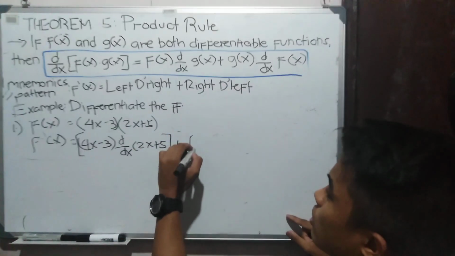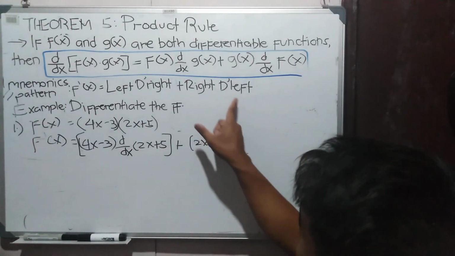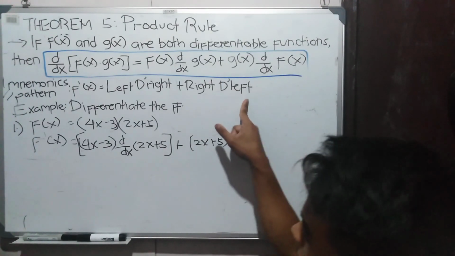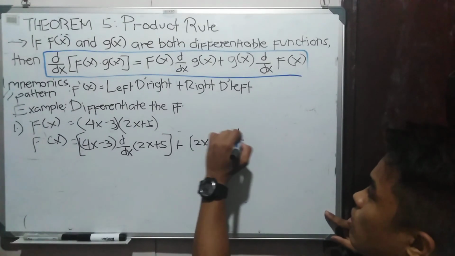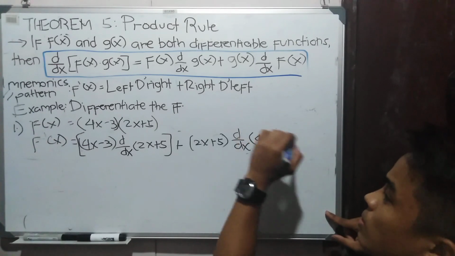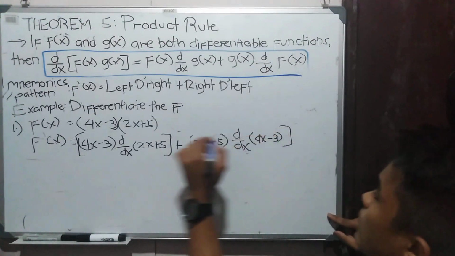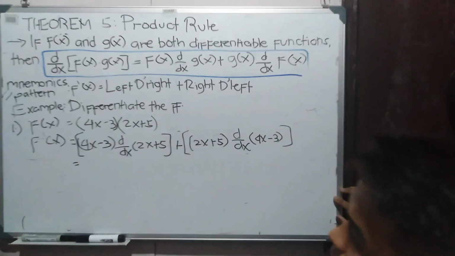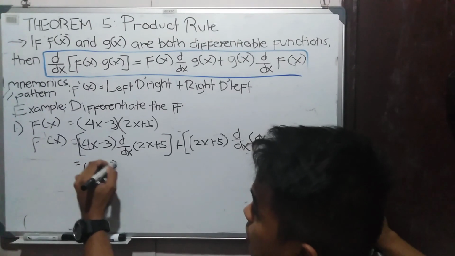We have the quantity 2x plus 5, then times the derivative of left. So ano yung left natin? So we have 4x minus 3, so we have d over dx of the function 4x minus 3. So again, huwag natin kakalimutan si bracket para hindi tayo malito. Okay, so simplify natin. So we have 4x minus 3.